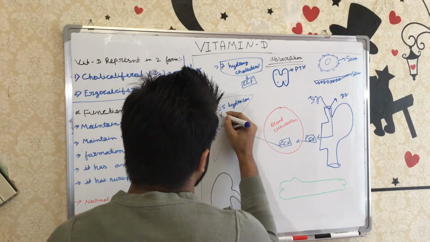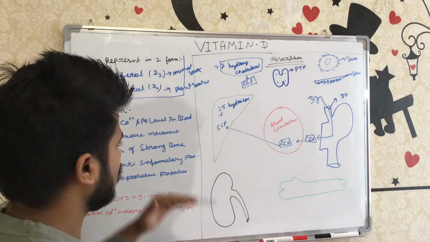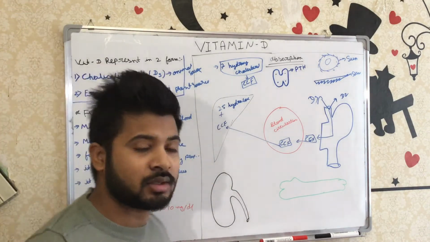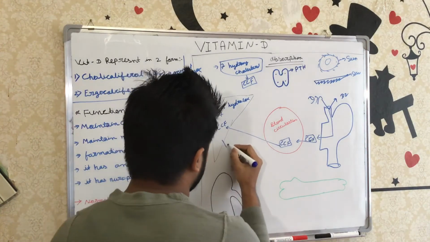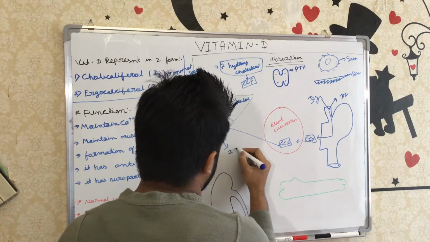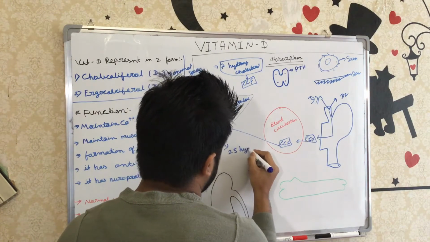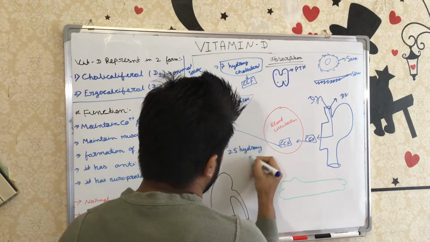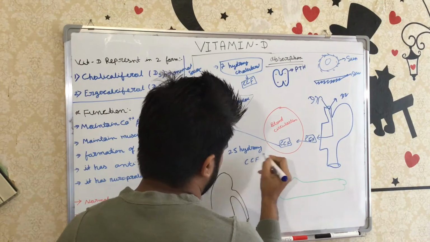By the combination of cholecalciferol and 25 hydroxylase, it becomes 25 hydroxy cholecalciferol.